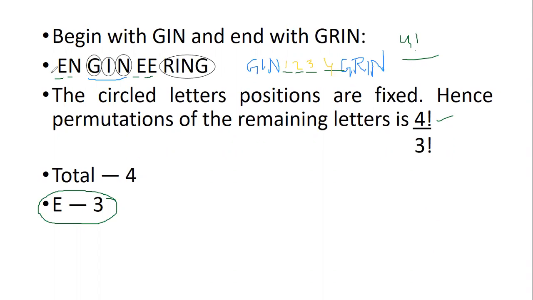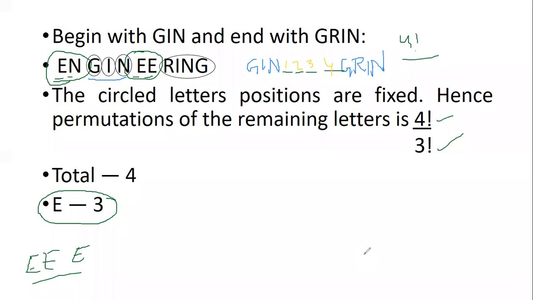Now, if you see in these 4 letters, that is E, N, E, E, E is repeated 3 times. So E is the same letter which has been repeated. So that is why this E is taken as 3 factorial here.